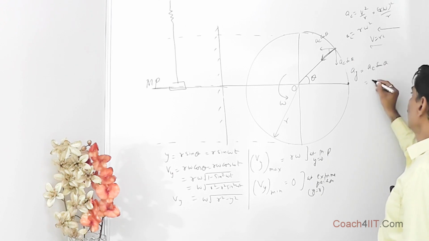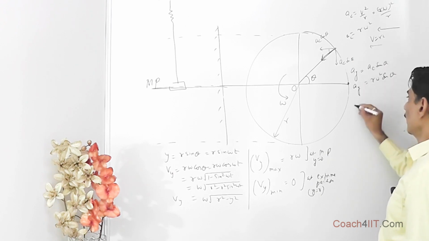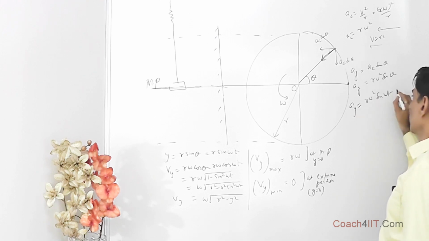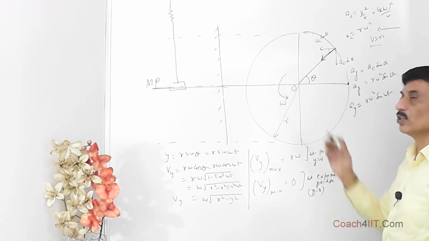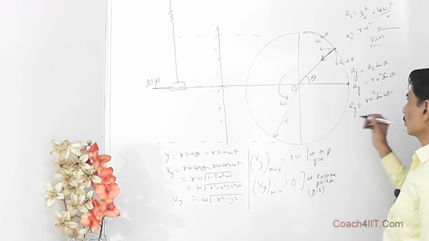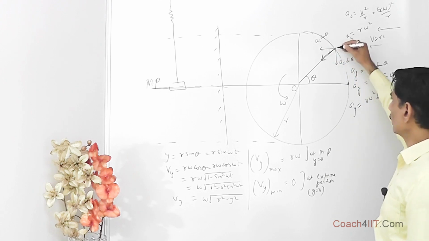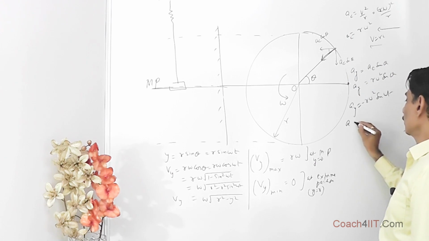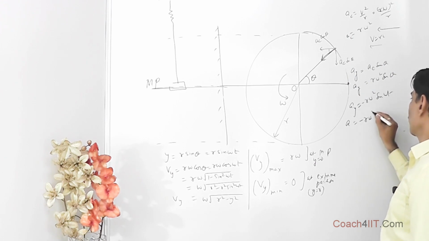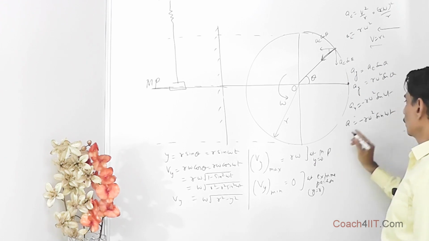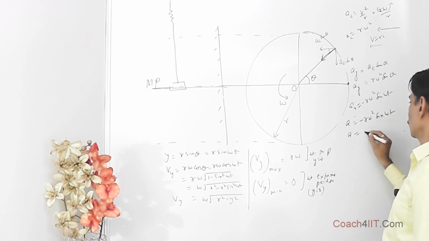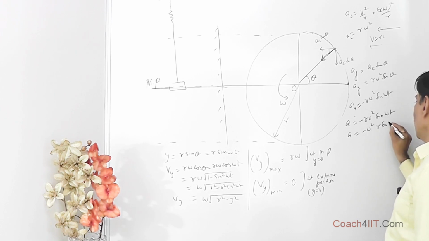Since AC is r omega square, the acceleration along the y-axis is r omega square sin omega t. When the body is going from here to here, the acceleration is in the opposite direction, so acceleration equals minus omega square r sin omega t.